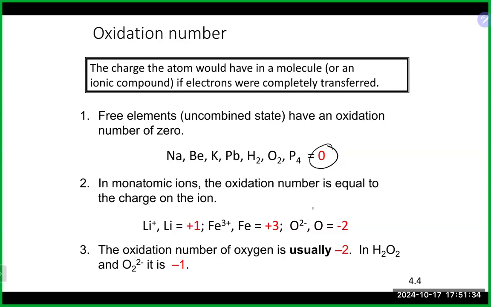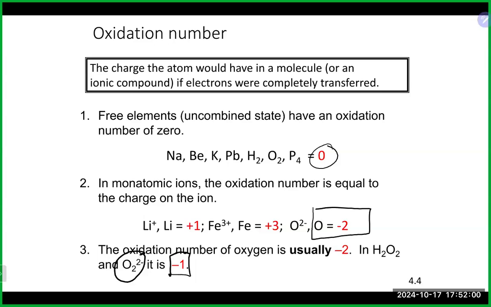Now, oxygen is usually a good place to start if you have oxygen involved and you want to assign oxidation numbers. That is going to be -2. The only exception is if it is really not oxygen, but it's actually peroxide. So if you have something like hydrogen peroxide, it actually will be a -1 for the oxygen.